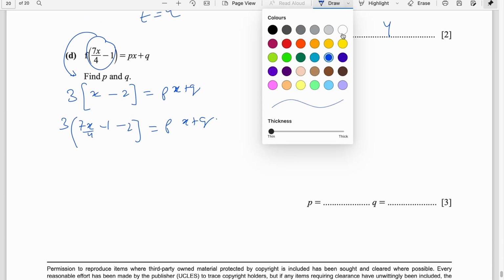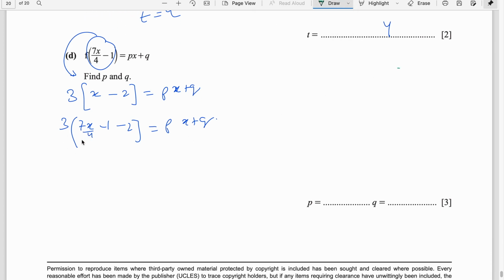Keep simplifying the left hand side. We get 3, 7 times is 21x by 4. Minus 1 minus 2 is minus 3. Minus 3 into 3 is minus 9. So by comparison, coefficient of x is p, which is 21 by 4, and the remaining part is minus 9.